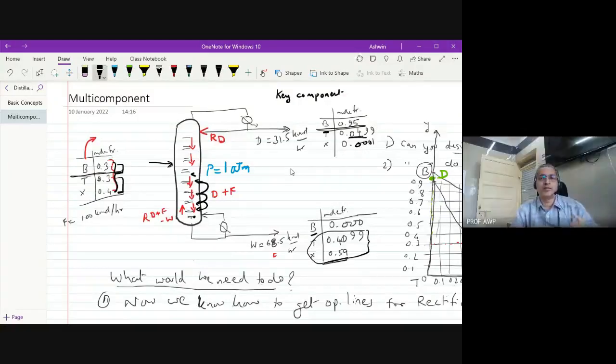So if I want to do a quick calculation, I might even say that I will treat this as a pseudo binary.